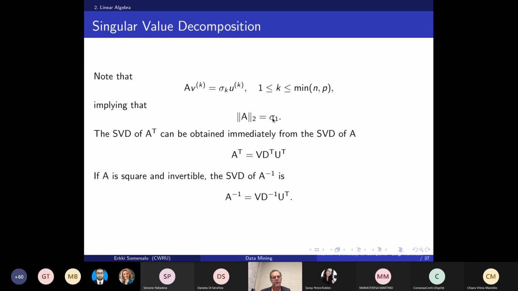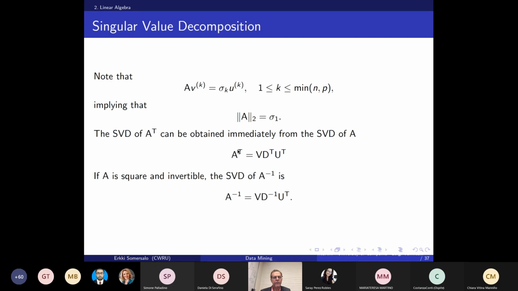So it turns out that this first singular value, sigma 1, is equal to the induced norm of my matrix A. That gives me the maximum possible stretching that my matrix can do for any vector.